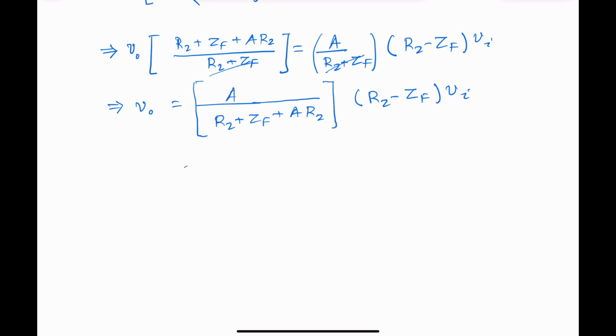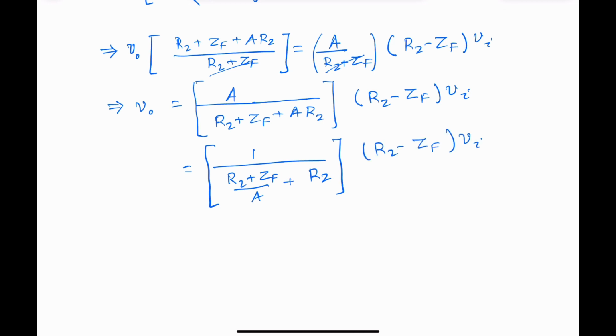We divide both numerator and denominator by A, so this is 1 upon R2 plus ZF upon A plus R2, and this is R2 minus ZF into Vi.